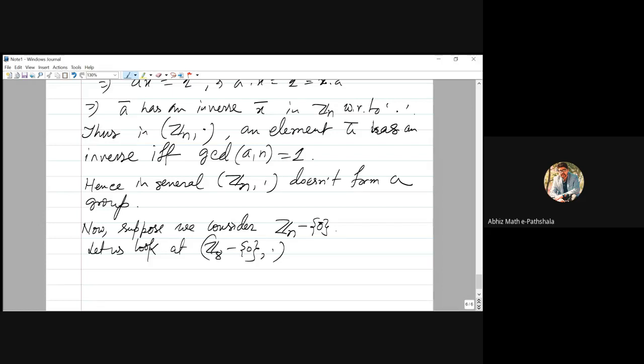No, I'm sorry. It doesn't form a monoid. It actually doesn't form a groupoid. Why? Now, it doesn't form an algebraic system.